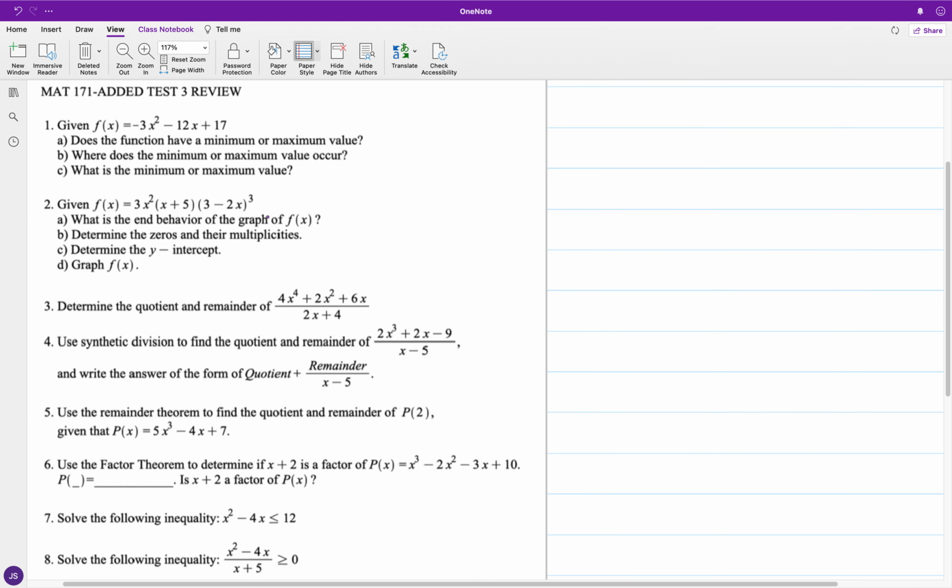We have a function. So you have f of x is equal to 3x squared times the quantity of x plus 5, and then we have times the quantity of 3 minus 2x raised to the third.